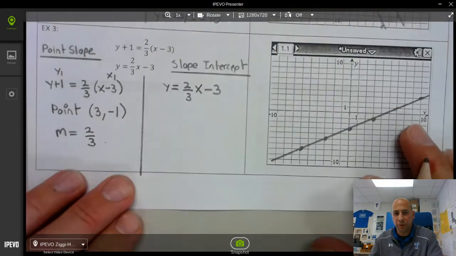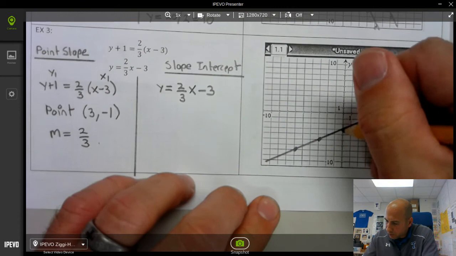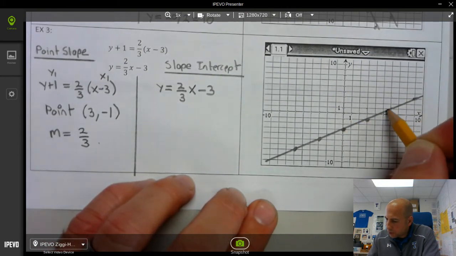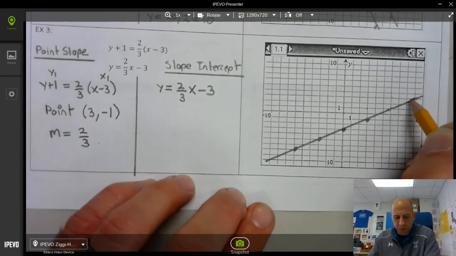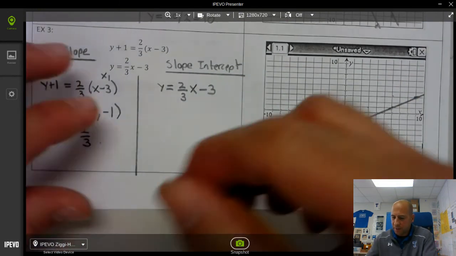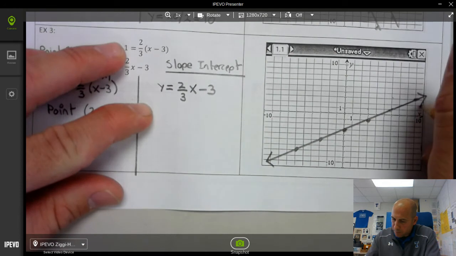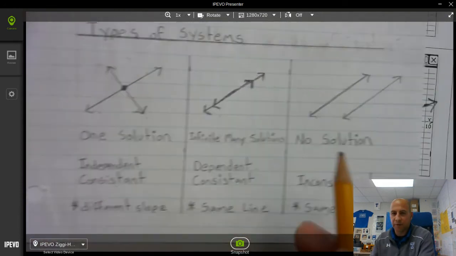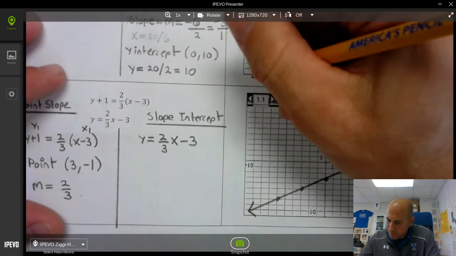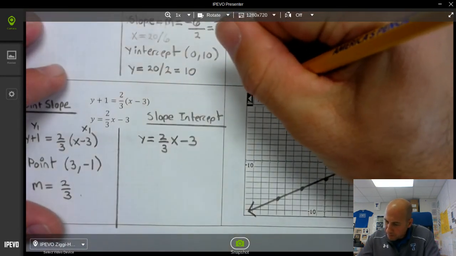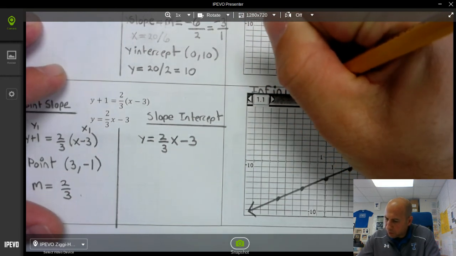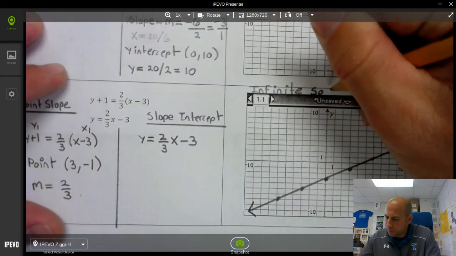So when it's in slope-intercept form, we know our y-intercept is 0, negative 3, and our slope is up 2 to the right 3, and we repeat. So we see that these are the same line, and when they are the same line, there are infinitely many solutions. Which we can just say infinite solutions.